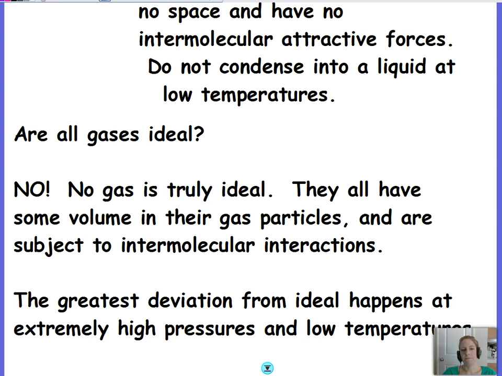And that is very far from ideal. At low temperatures, you're slowing down the molecules so much that they can actually have their intermolecular interactions happen, and then under that condition they will also form into a liquid.